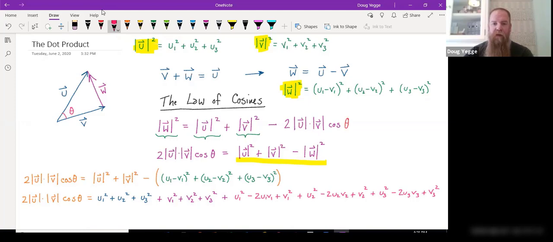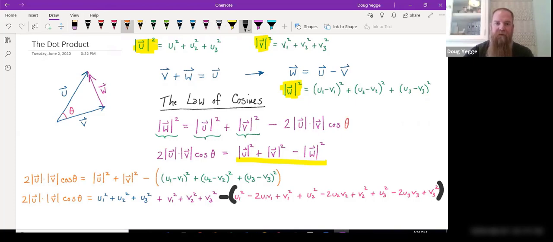Now that looks crazy, and I get it, okay? But what we've got to realize here is this minus sign right here meant that we were subtracting all of those quantities. So this plus sign shouldn't be a plus sign. We should be subtracting all of this quantity over here. So when we subtract all of that, notice what's going to happen.